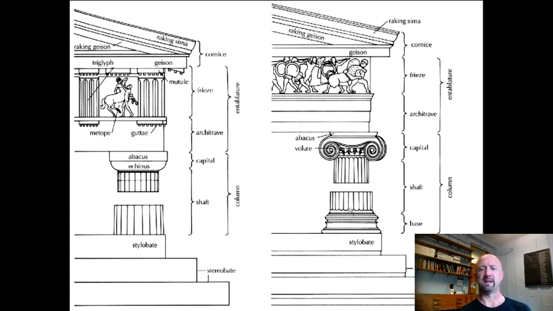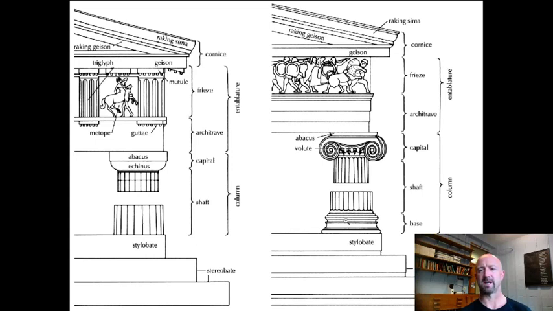The columns tend to be more decorative, meaning they tend to be longer, taller, and more fluted. You can see these flutings here, these little indentations. And they have, of course, a base on them that is decorated as well. It's a little bit lighter looking temple, a little bit more elongated.